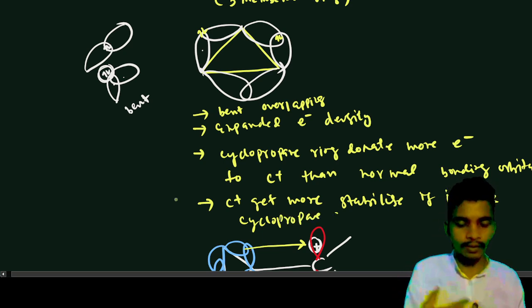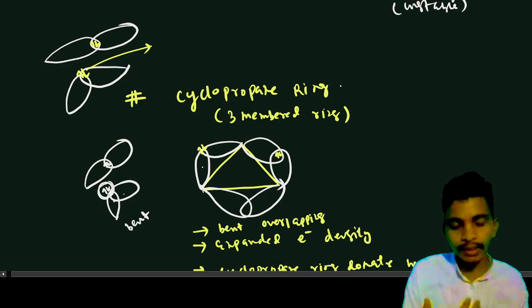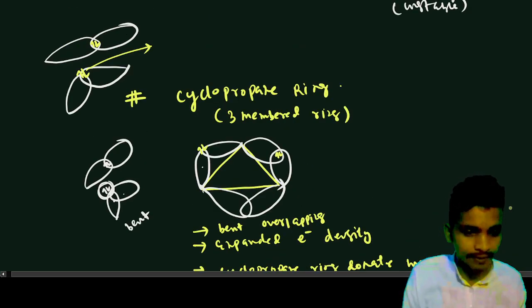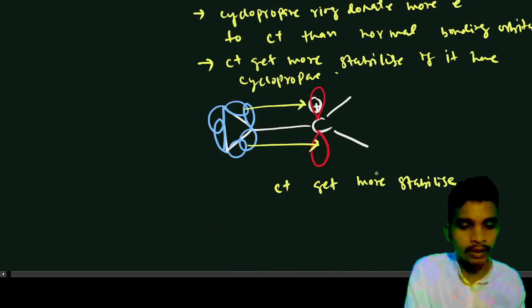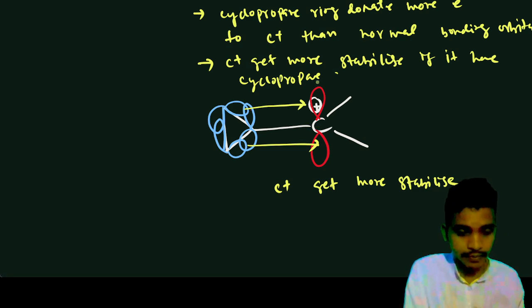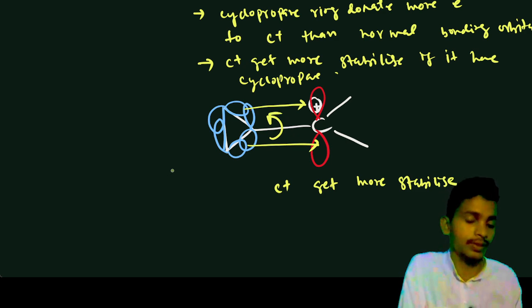So these are the interesting things about cyclopropane rings, if the ring is present near the carbocation. But the note is that the cyclopropane has two orientations, because this is a single bond, and rotation about a single bond is possible.